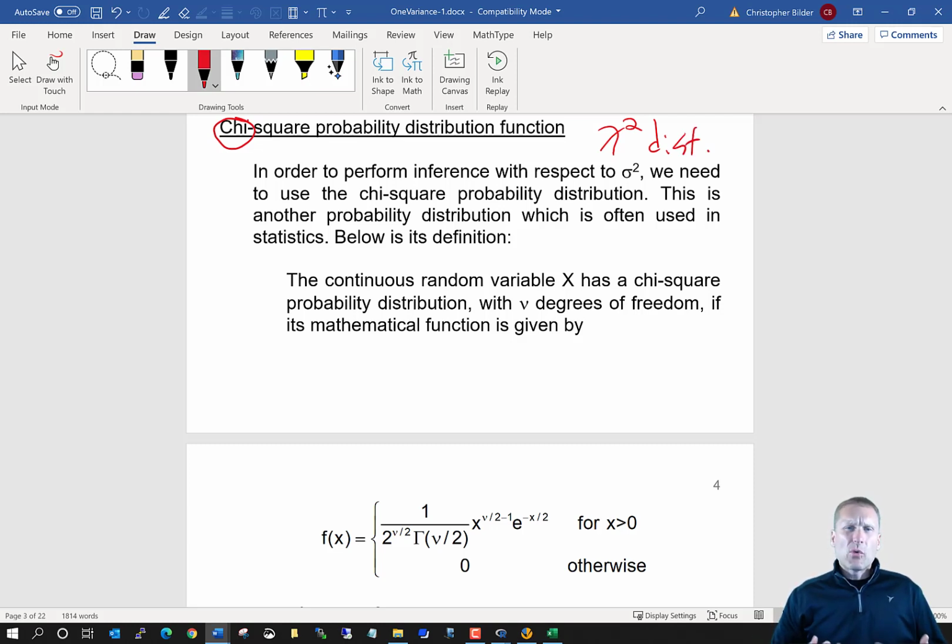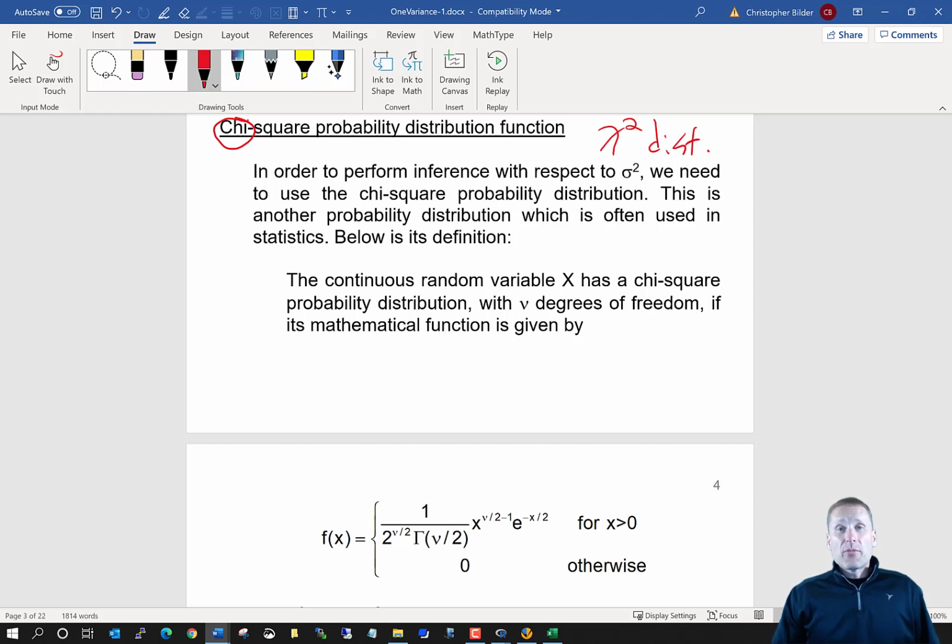So the square part comes in because when this probability distribution essentially was first developed, there were components of a particular statistic that had a square to it, and so that's why it's called the chi-square distribution rather than maybe just chi itself.